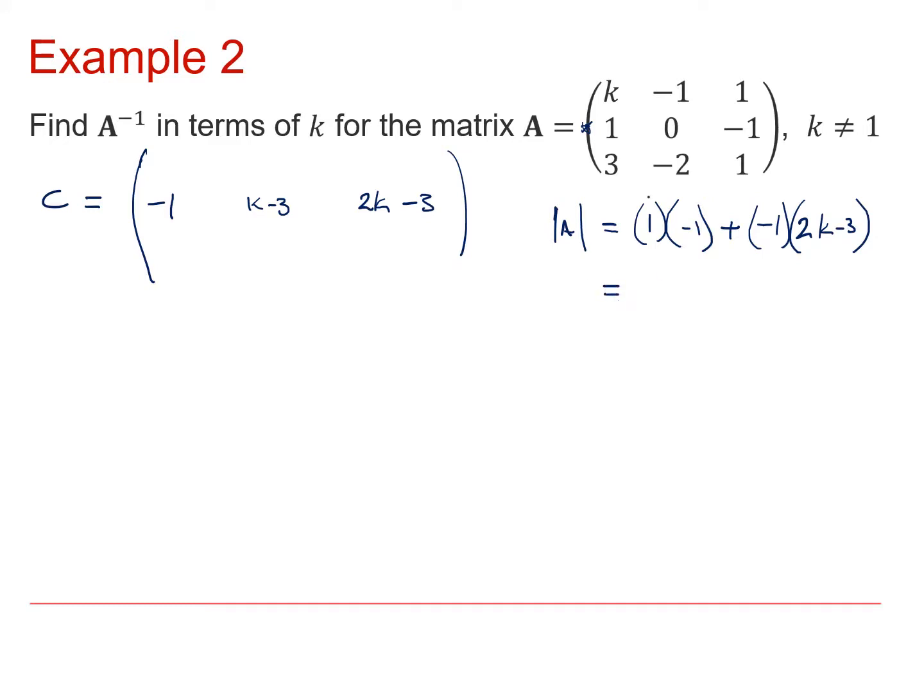So working that on through, I get minus 1 minus 2k plus 3, which is 2 minus 2k. And now, provided k is not equal to 1, this thing will be non-zero. And therefore, I shall go on and calculate the remainder of the inverse.